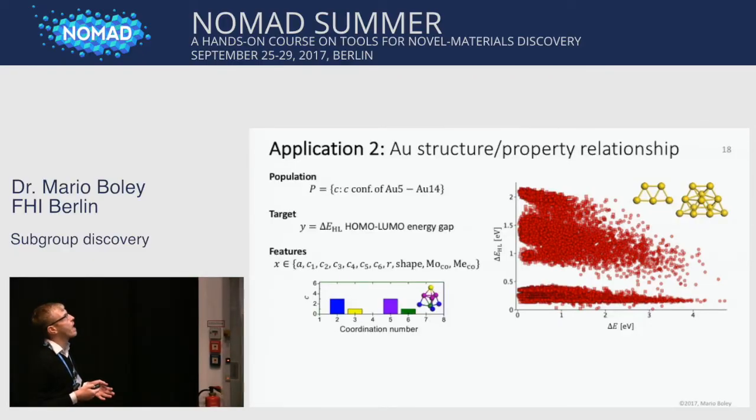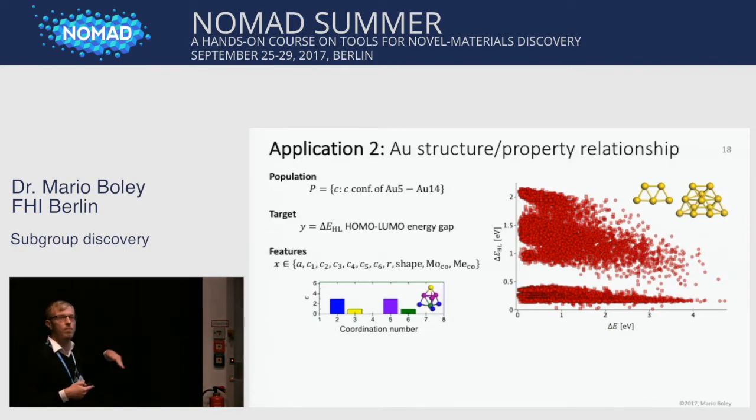What we're doing now is mapping these geometries to a fixed tabular feature representation. The way we're going to do this is we're counting how often atoms in the structure have a certain number of bonds. Okay, so we have this distribution of how many neighbors an atom has.